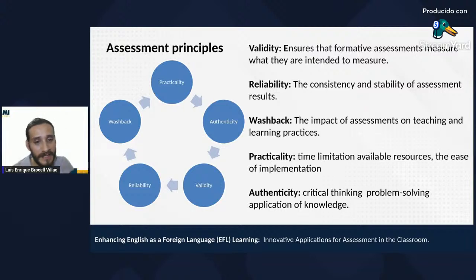And authenticity: critical thinking, problem solving, and application of the knowledge. These are three things that our assessment should have. We can use multiple choice questions, but they have limitations for the students' outcomes.